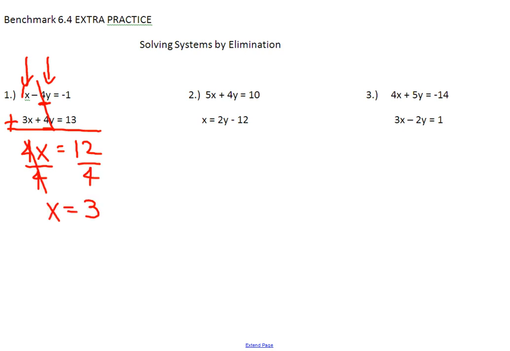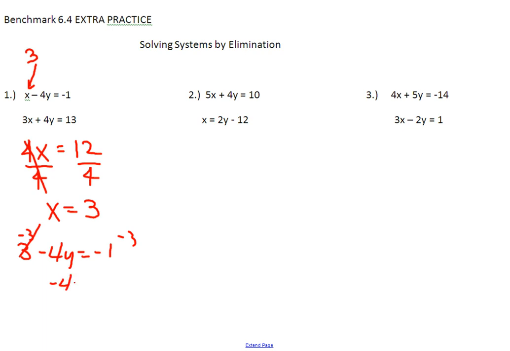Now we're not done yet. We need to plug that 3 into one of the two equations. I'll erase this a little bit. If I plug 3 in for x, let's say right here, I'll get 3 minus 4y equals -1. Solve for y, so I'm going to subtract 3 from both sides.